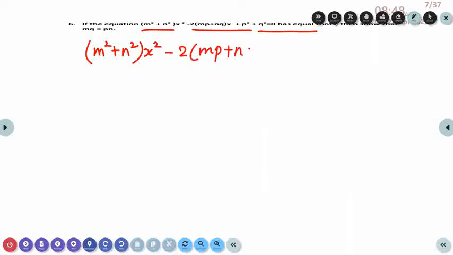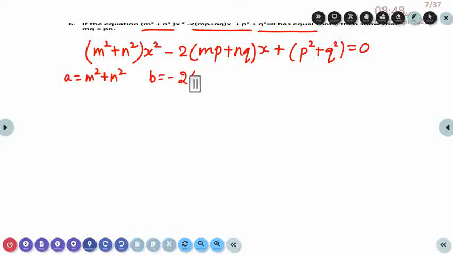So we are left with minus m square q square minus n square p square and this plus 2mn pq. This will be equal to 0. On taking minus sign common, this will be m square q square plus n square p square minus 2mn pq equals to 0.